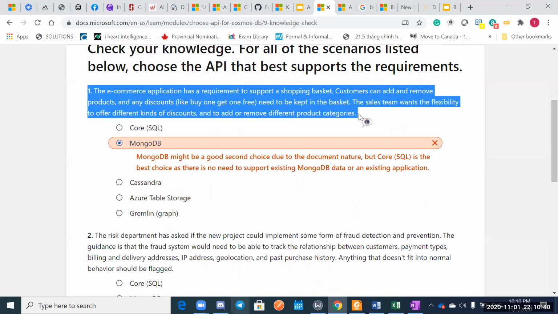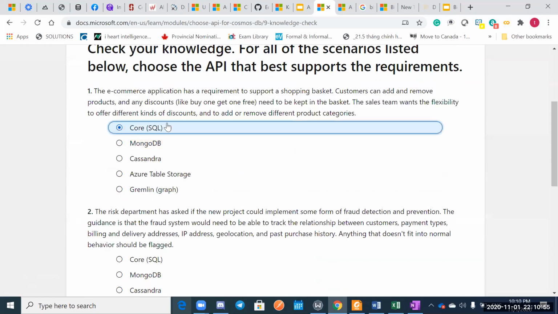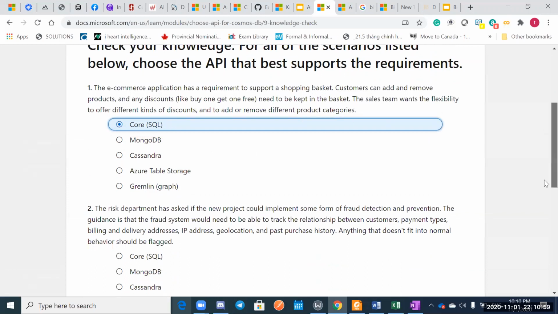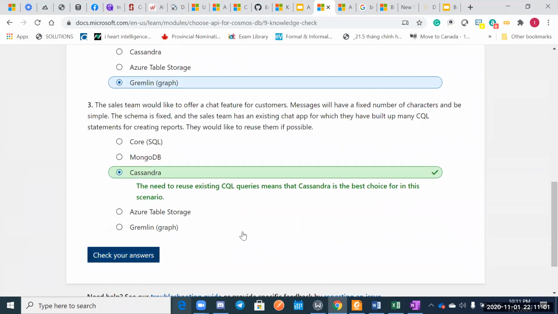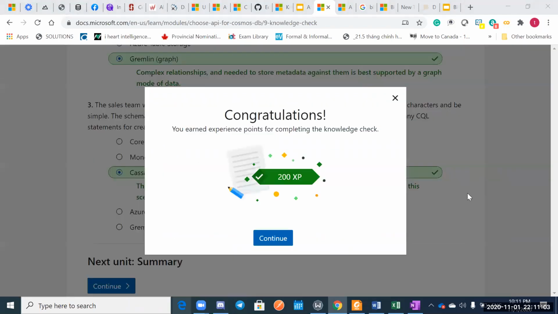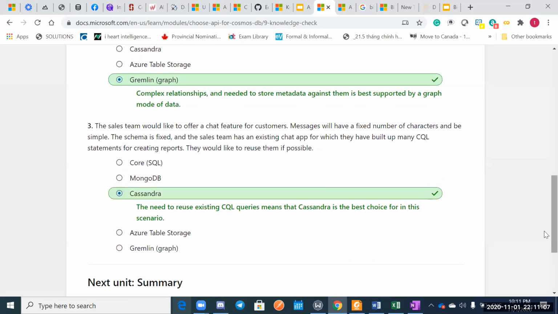No, because in here, remember, we don't have an existing application yet. So we can choose any of these besides Gremlin, right? Gremlin is for graph. So maybe Core SQL. Yes. So let's see on this. Yay, it's correct. Okay.